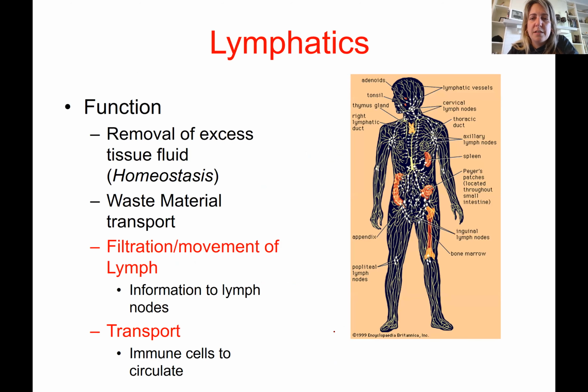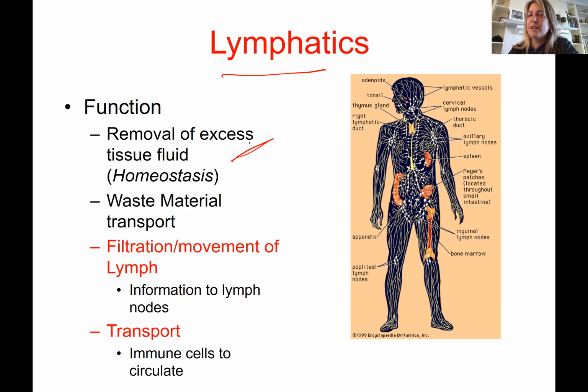Okay, this obviously is a picture of a guy as opposed to a horse, but the lymphatics are the lymphatic vessels. They serve like a system of highways right beside the blood vessels, but not the blood vessels, and they have multiple functions, but one of them is to remove the excess tissue fluid. As the blood continues to flow, a little bit always is going to leak, with or without inflammation.